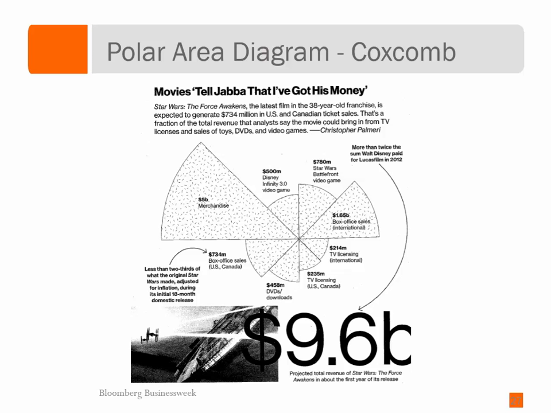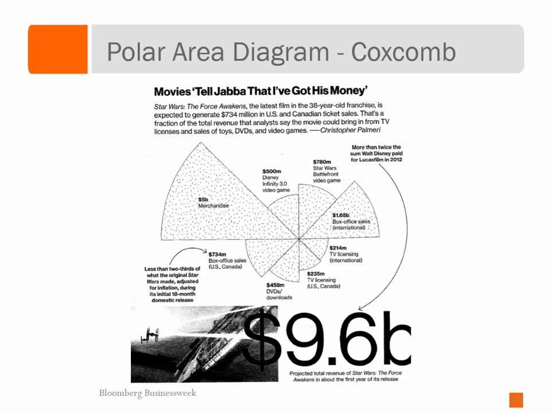So here is a modern example of the coxcomb diagram. This is brought to us by Bloomberg Business Week. Basically a diagram of revenue earned from one of the recent Star Wars movies, The Force Awakens. And so what you'll see here is if we look over each of these different categories of revenue, there's a video game category, different video games.